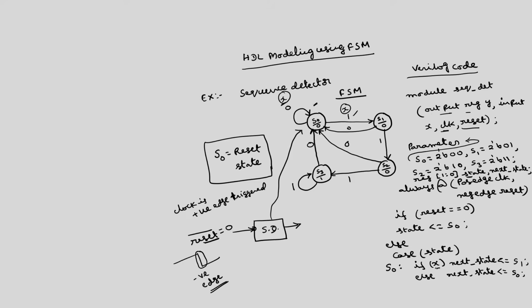Okay. If x is equal to 1, if this is true, next state is S1. If false, it will remain in the S0 state only. Okay.